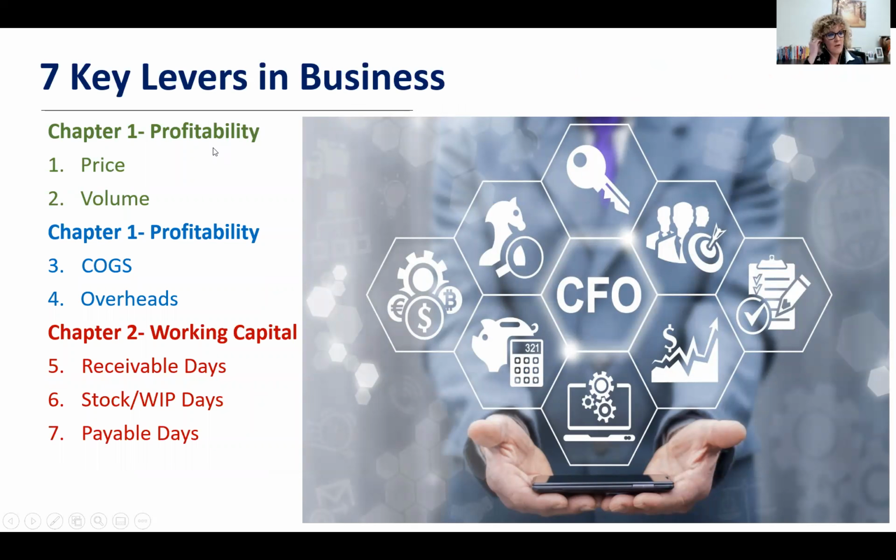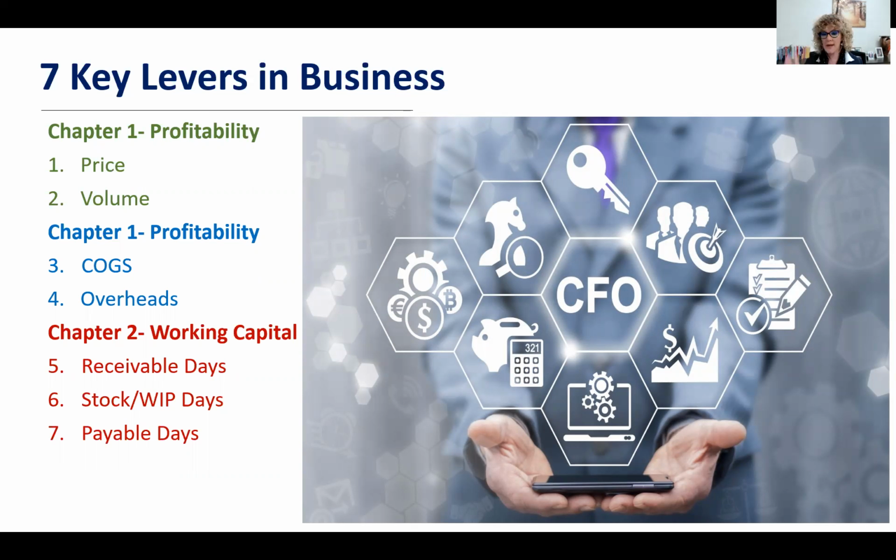So the Power of One basically only covers the first 2 chapters, profitability and working capital, but it looks at 7 key levers in a business and which of those levers to pull will give you the most effect to improve the profitability and the cash flow in the business. So the 7 key levers are your price, your volume, your cost of sales, and your overheads.